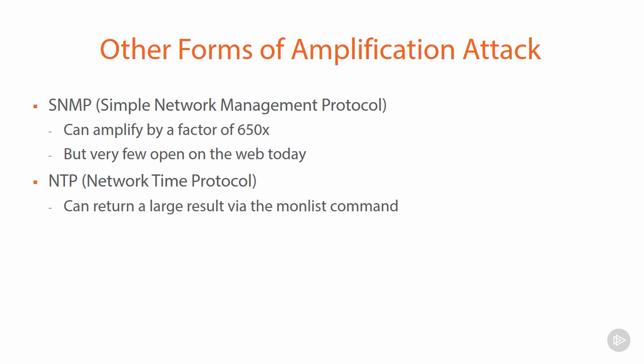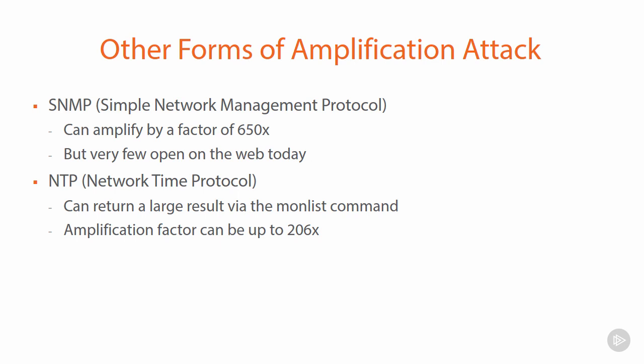Now, NTP, like SNMP, also runs over UDP, and the source IP address can be spoofed. So that's the underlying construct that all of these amplification attacks are taking advantage of, making sure that that large response is going to somewhere other than where the request came in from. And in the case of NTP, that amplification factor can be up to a couple of hundred times. So perhaps not quite as big as SNMP, but still a massive factor on top of the size of the request that came in.